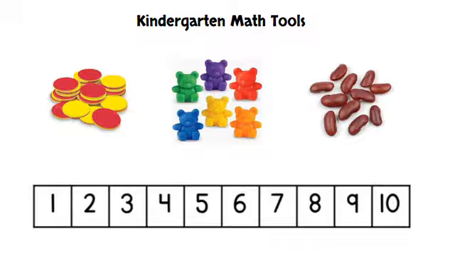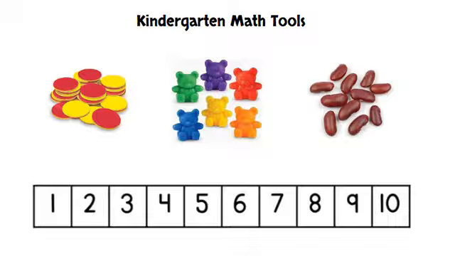So in the kindergarten world, we really, really, really want our children to be using those concrete tools. Here are some examples of what we use in kindergarten. We have some counters, or we might make the counters a little bit more fun, as you can see the little teddy bears in the center, and even something as simple that you might have at home, like dried beans, so that your child can touch them, feel them, manipulate them, and do the math with these tools.